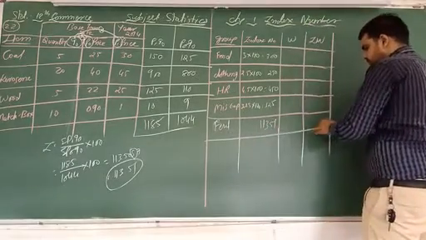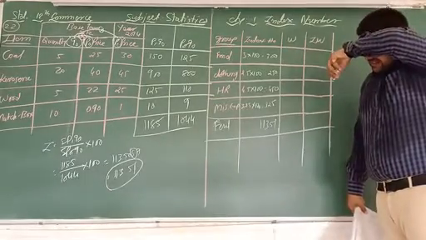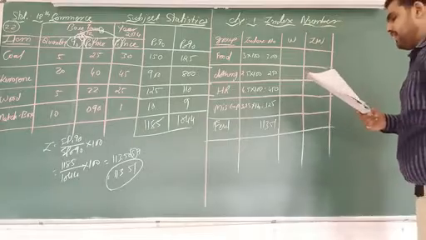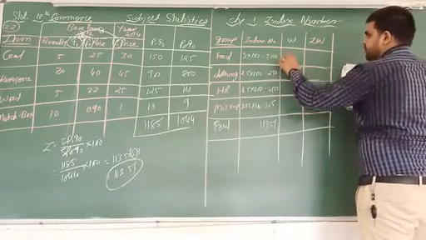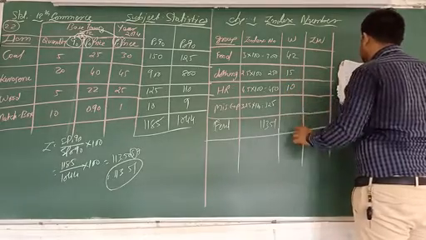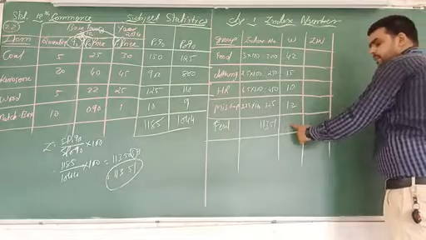Now the weight is given in percentage. How much weight is there? Number 1 is 42, second is 15, third is 10, fourth is 12. Here the weight is missing.